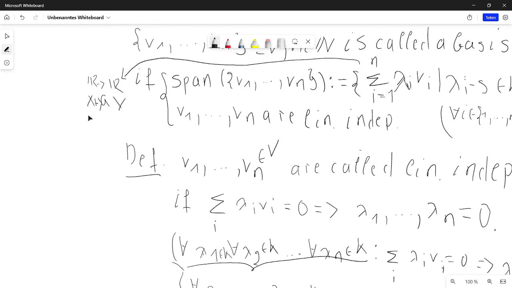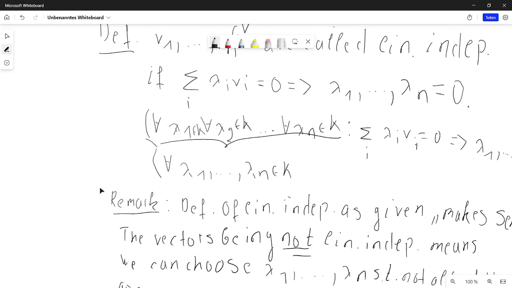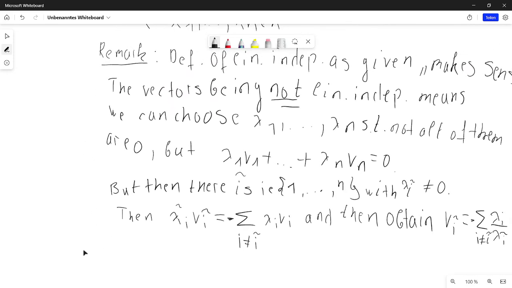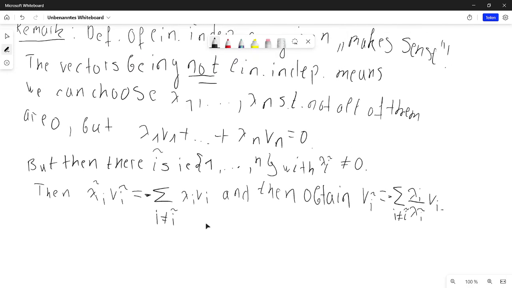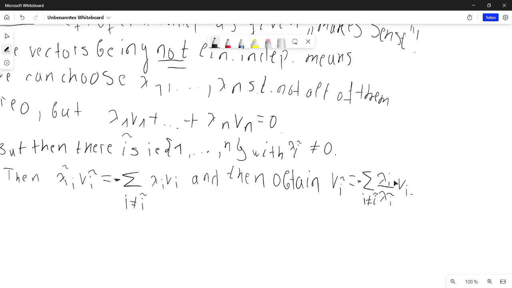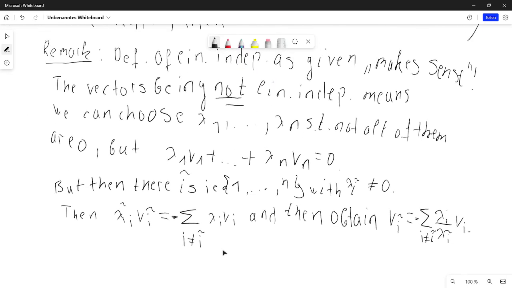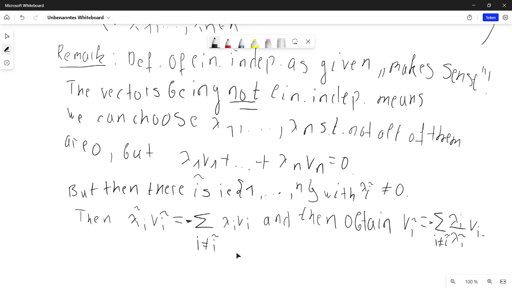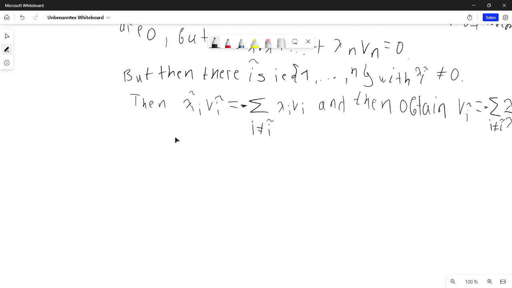Being not linearly independent means what it says: there's no independence. This vector can be already determined using the others, when we have such a choice of lambdas.